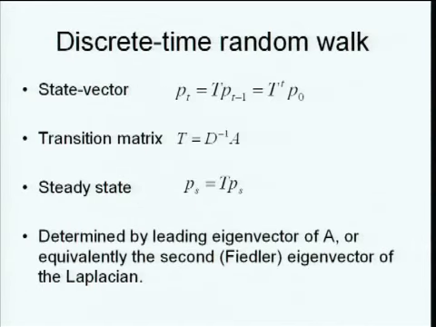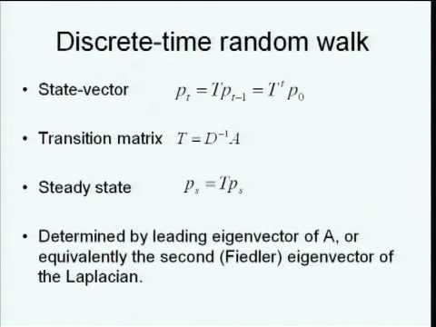So what I'm going to be interested in here are random walks on graphs. There are two types of random walk that one can easily analyze. The first of these is a discrete time random walk where the state vector at time t is just found by multiplying the state vector at time t minus 1 by a transition probability matrix.